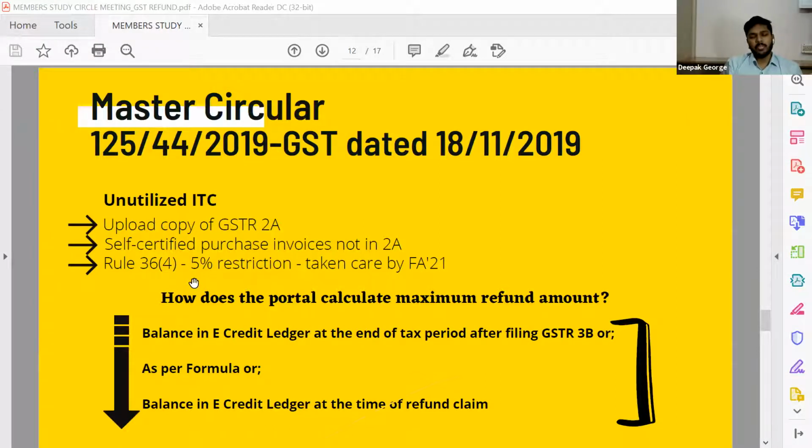And 4, you should avail ITC before September, otherwise it will lapse.